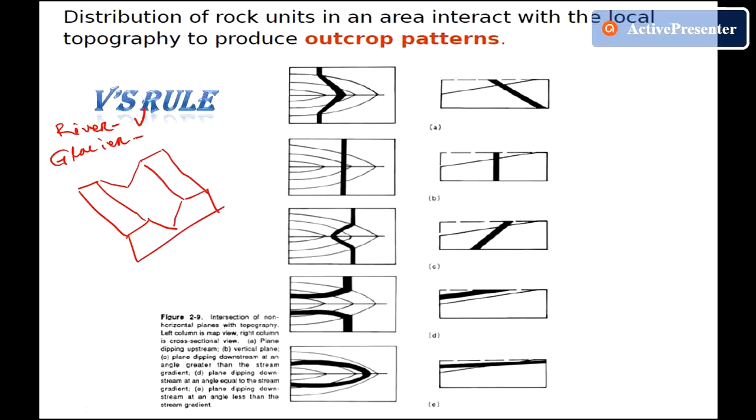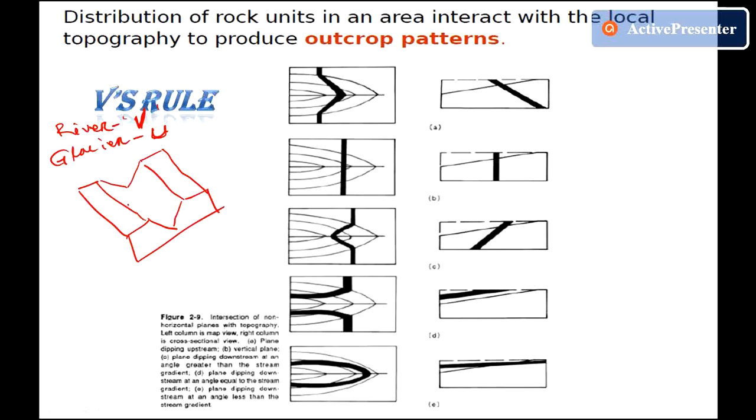Glacier valley is U shaped and river valley is V shaped because of its down cutting, more down cutting rather than side wall cutting. But in case of glacier, it is cutting both side wall as well as deeper region, so as well as the lower bedrocks. Okay, so that's why it is U-shaped. Okay, so the river is forming the V-shaped valley.